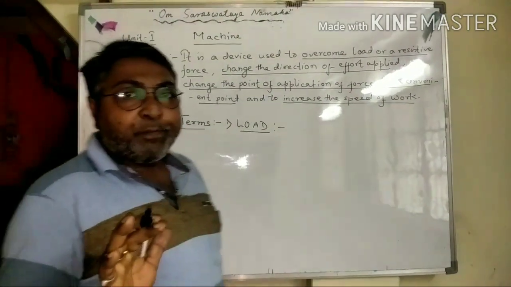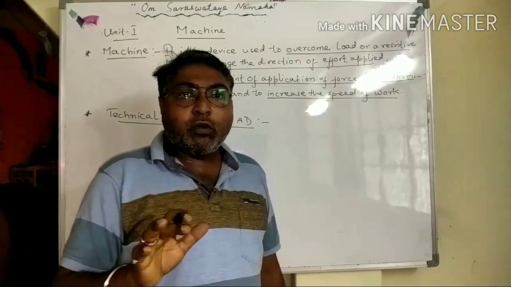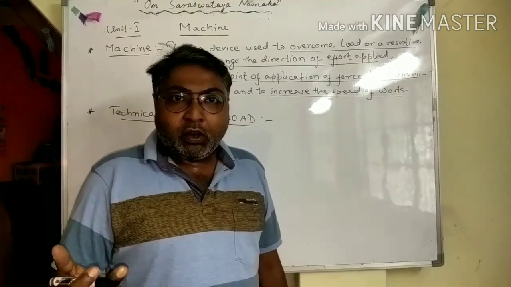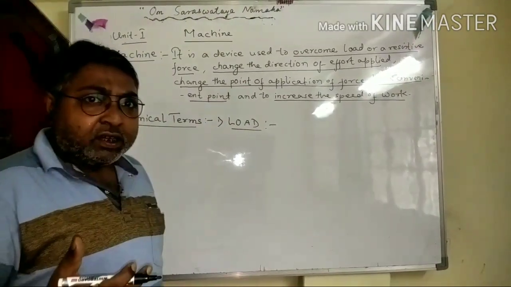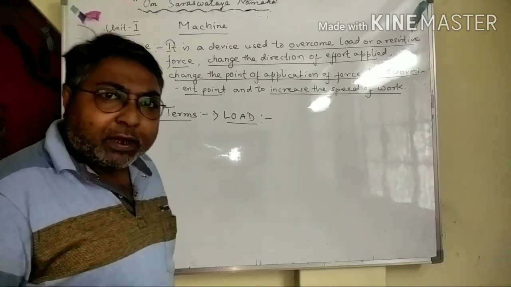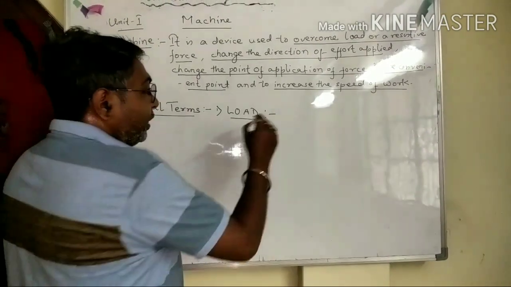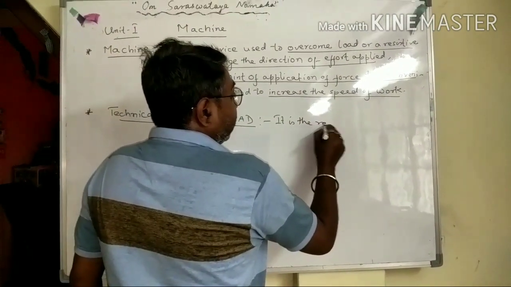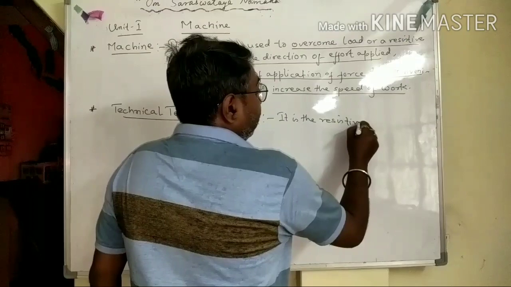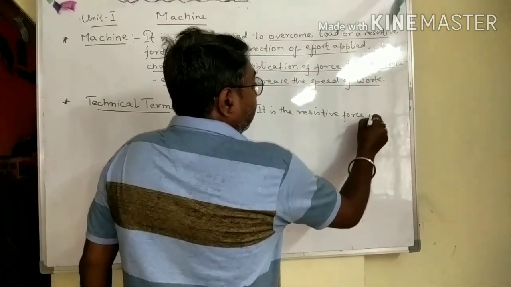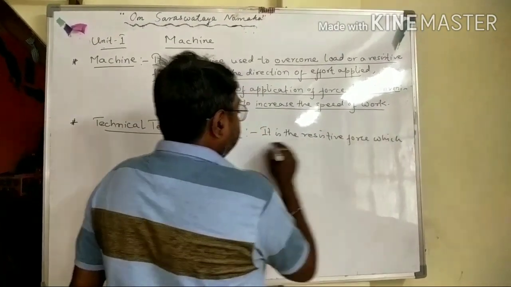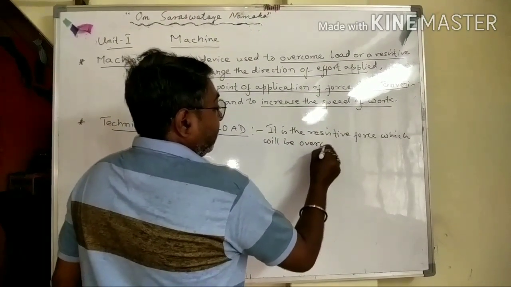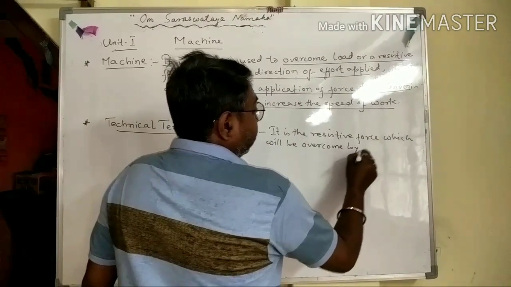Load is nothing but the resistive force to be overcome by a machine, or the resistive force which has to be lifted up by a machine, is known as load. So it is the resistive force which will be overcome by a machine.